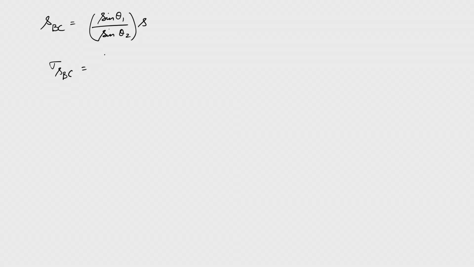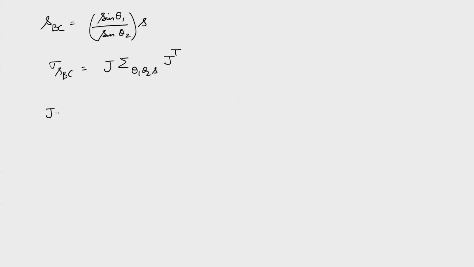So, SBC is equal to sine theta 1 by sine theta 2 into S, right. There are 3 variables and I want to find out sigma SBC. Sigma SBC is equal to J sigma theta 1 theta 2 S into JT.